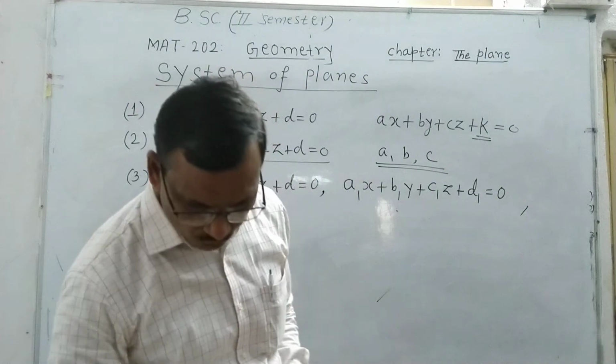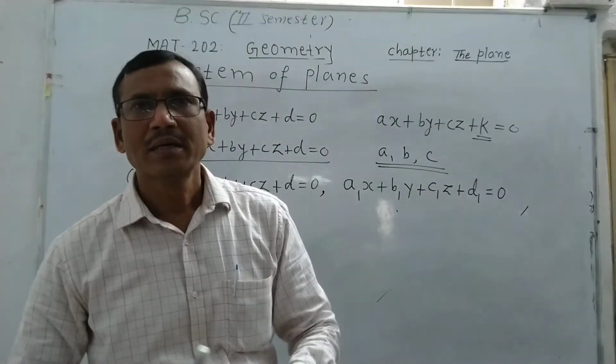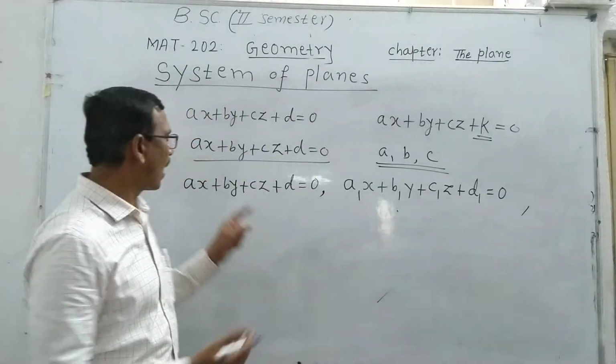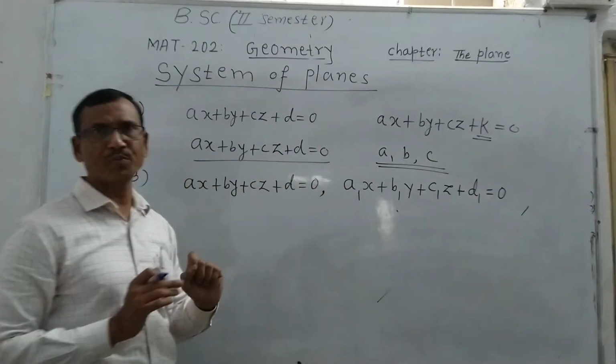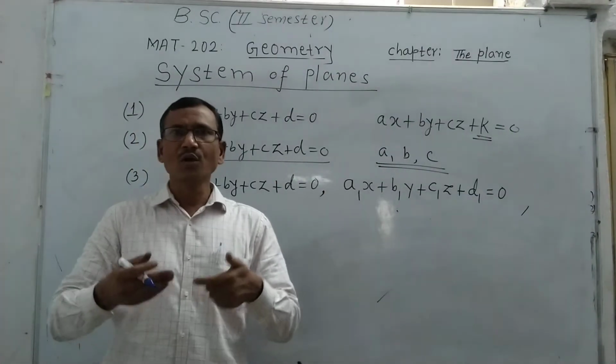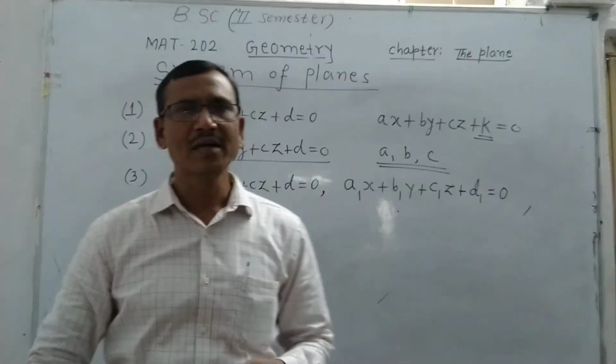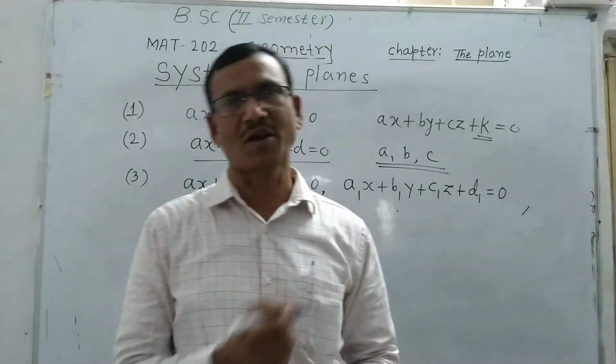Okay. Now we have to find the equation of the plane passing through the line of intersection of these two planes, because I have just told that two planes intersect each other in a line, with infinite points along the line.